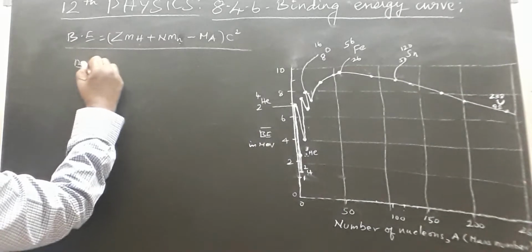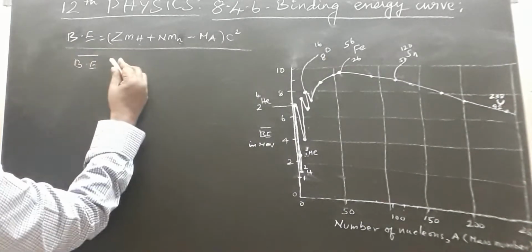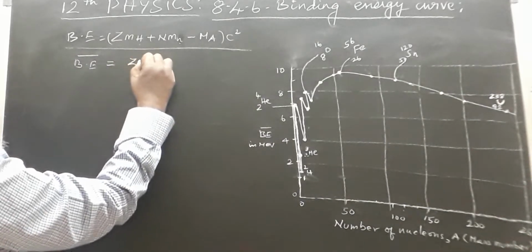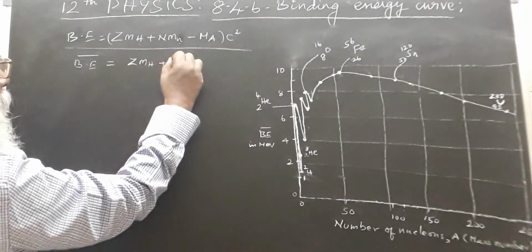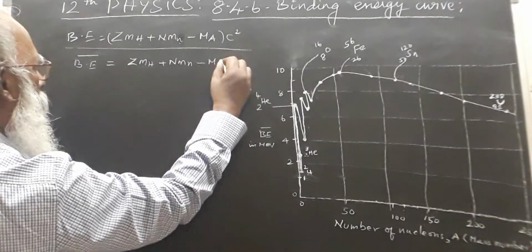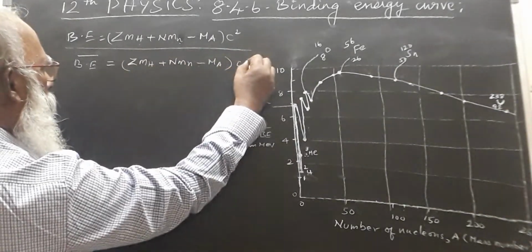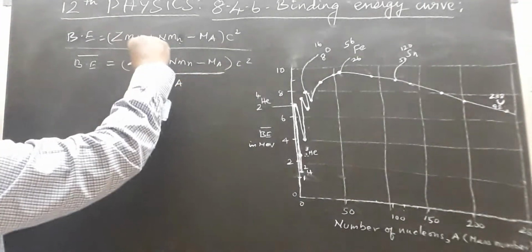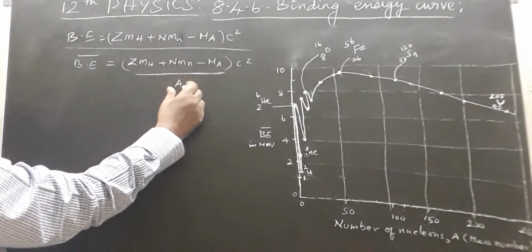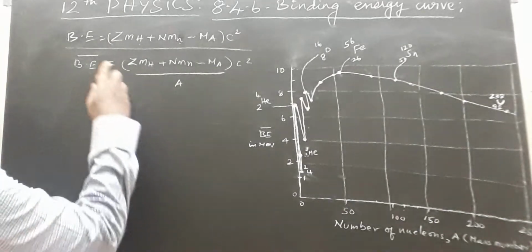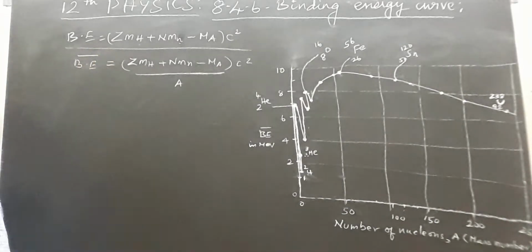If you say B bar, it is the binding energy per nucleon, that is the binding energy divided by the atomic mass number.